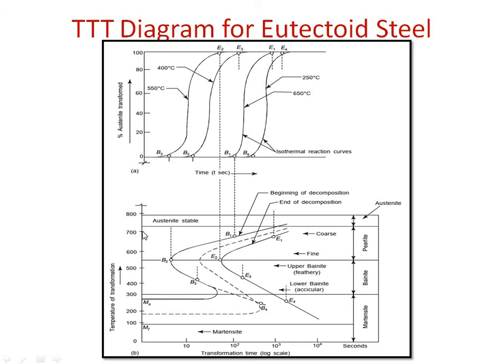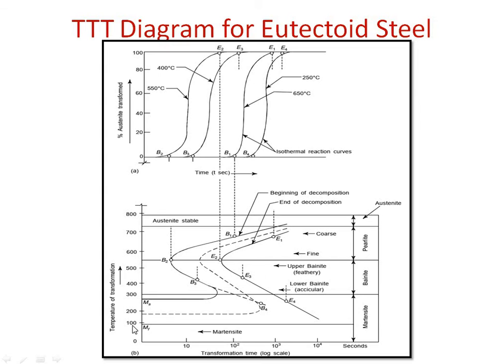From 727 to 650 degrees Celsius, we will get coarse pearlite. From 650 degrees Celsius to 550 degrees Celsius, we will get fine pearlite. From 550 to 350 degrees Celsius, we will get the upper bainite, also called feathery bainite. From 350 degrees Celsius to 210, we will get the lower bainite, also called acicular bainite.